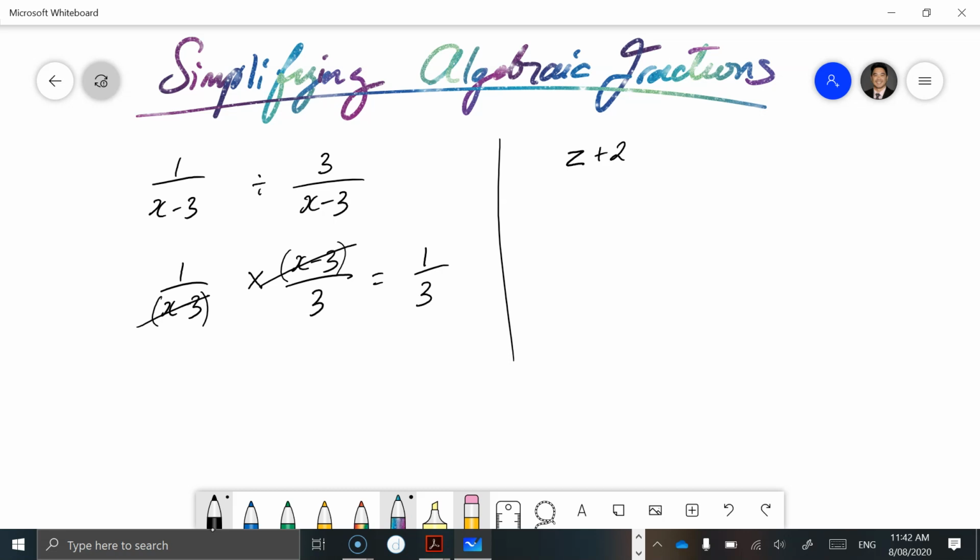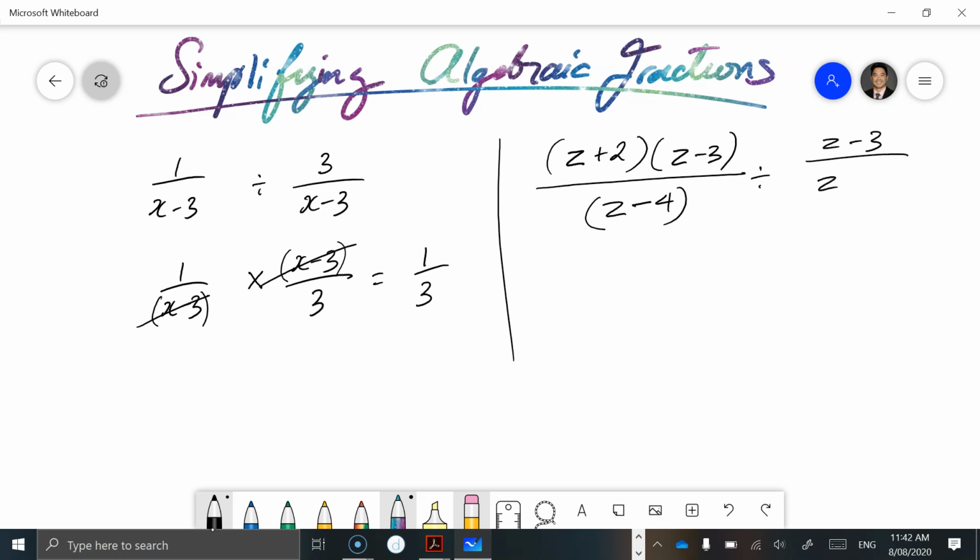So z plus 2, z minus 3 over z minus 4 divided by z minus 3 over z minus 4. Okay, so change to a times. We flip the second fraction around and we keep everything on the left the same.